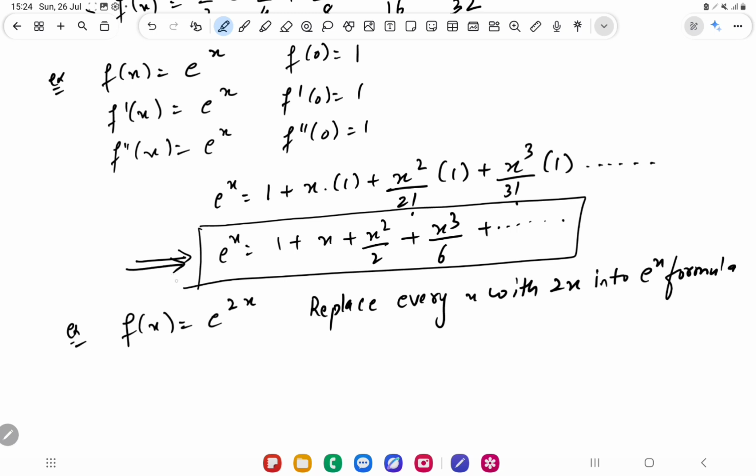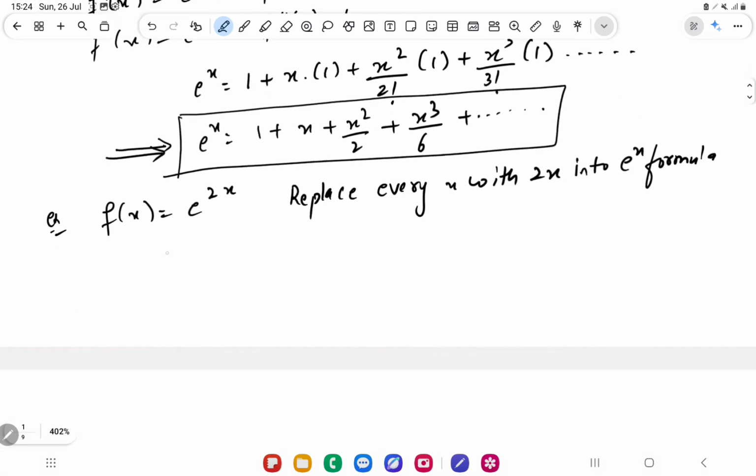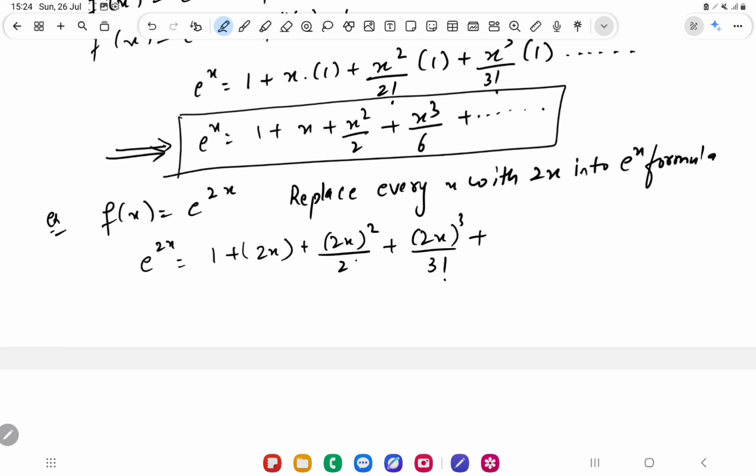Now we will be using this formula. So my e to the power 2x will be 1 plus x, which will be 2x now, plus 2x whole square over 2, plus 2x whole cube over 3 factorial, I will write factorial here, and so on, 2x to the power 4 over 4 factorial, and so on.